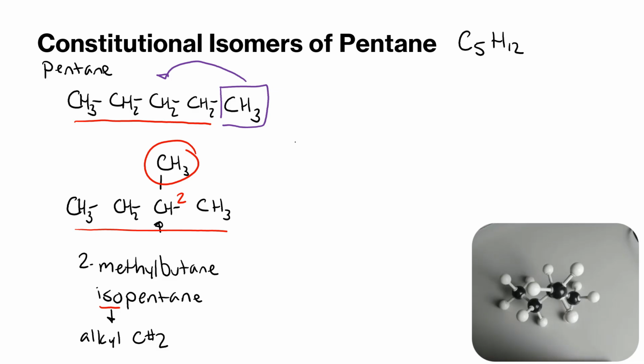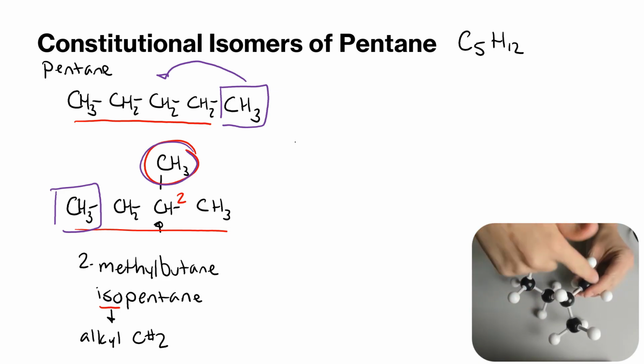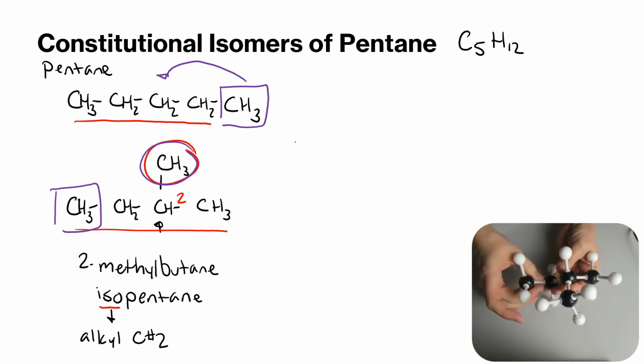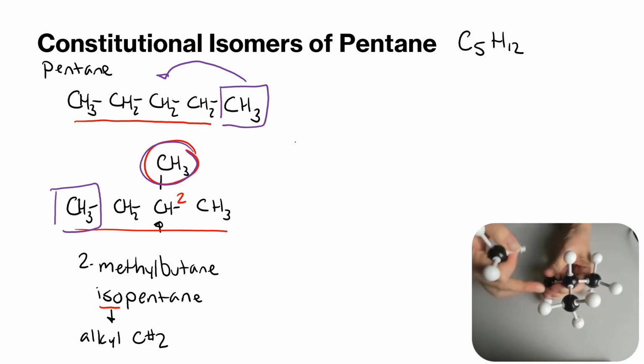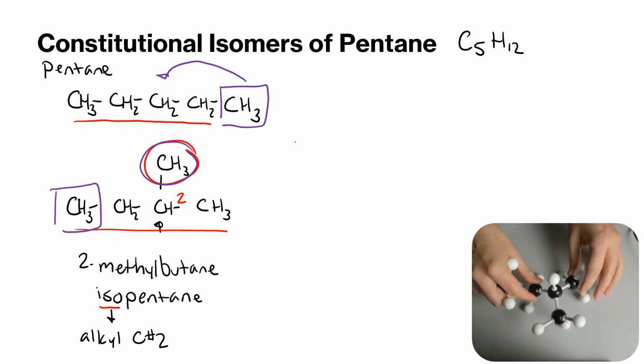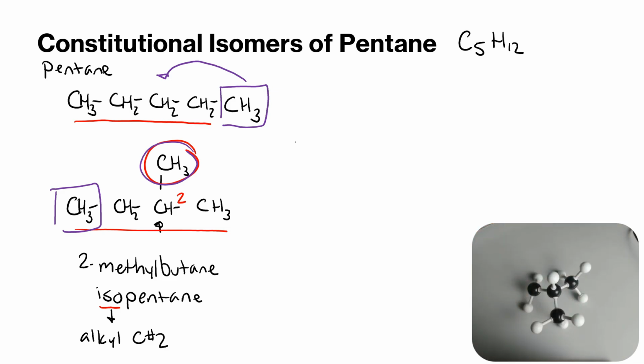However, we do have another terminal carbon furthest from that alkyl branch we've already made. So if I take, here's my butane, if I take that terminal carbon furthest away from my branch, I now go down to a 3-carbon parent chain.